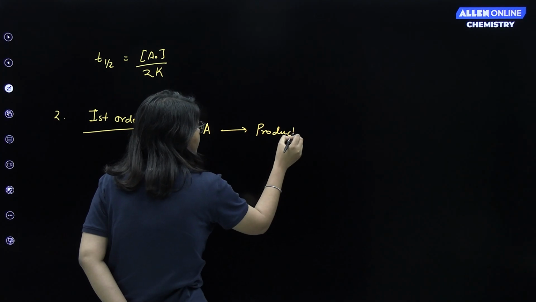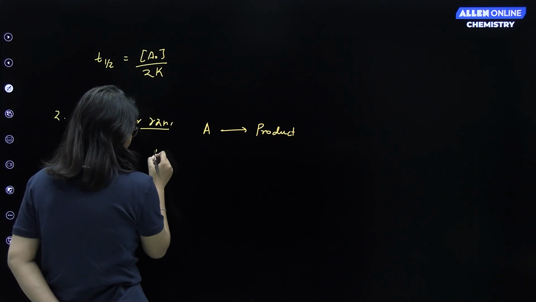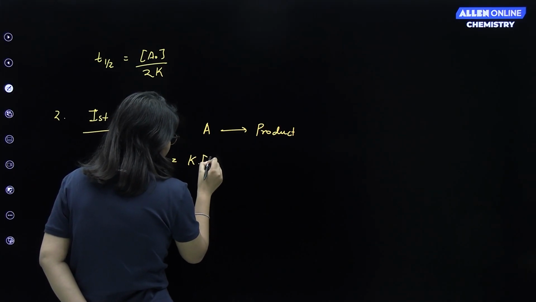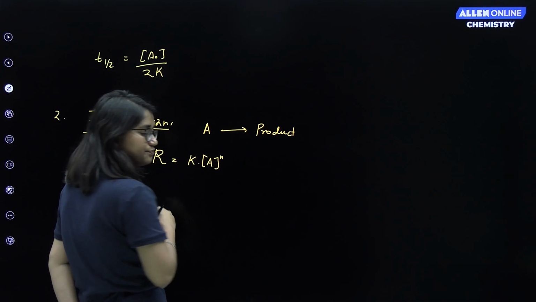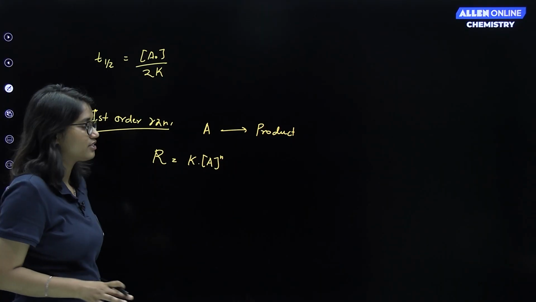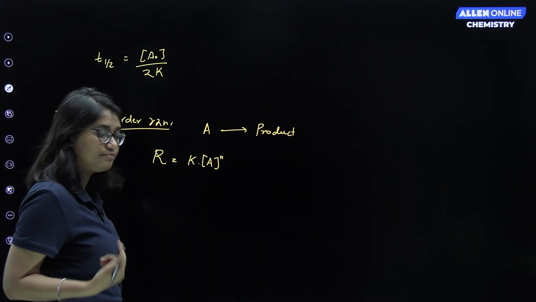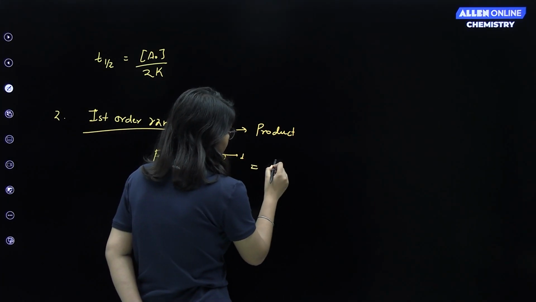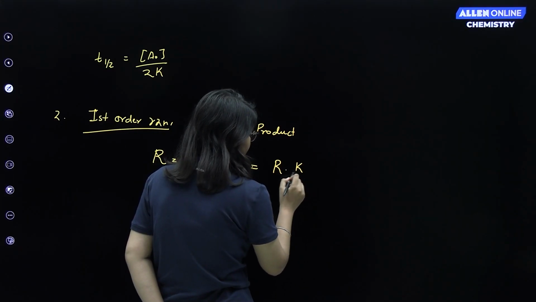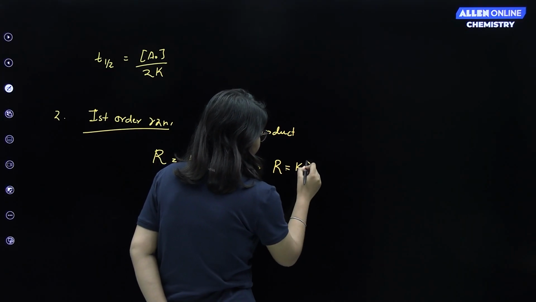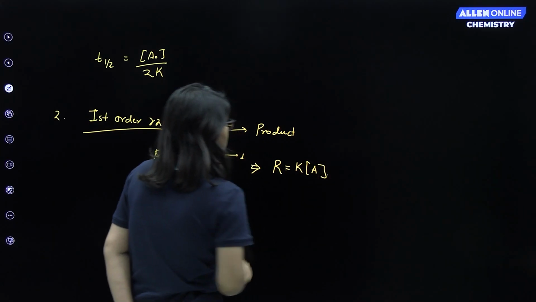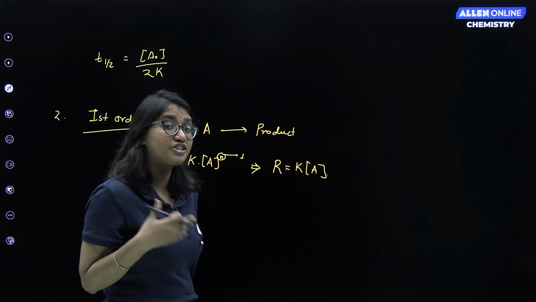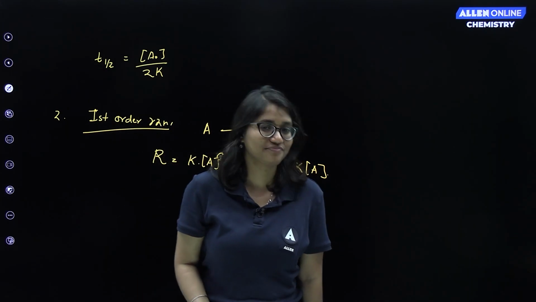Then according to the rate law, rate is equal to k times A to the power n. Here we are talking about first order reaction, that means n value is 1. So, rate will be R is equal to K into A. From that we can see rate depends on initial concentration. If initial concentration increases, then rate also increases, right?